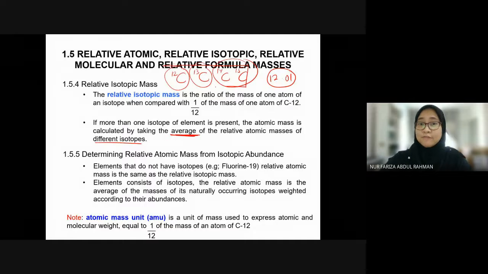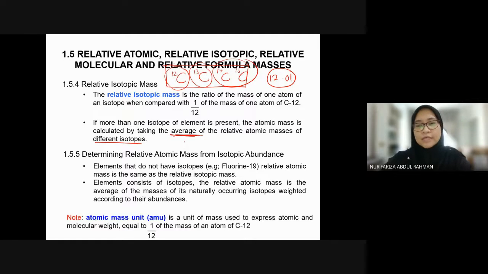We need to be fair. Carbon has its siblings, so to be fair, we have to consider all of the isotopes. That is why the average mass needs to be calculated.